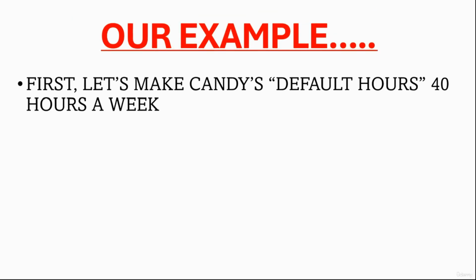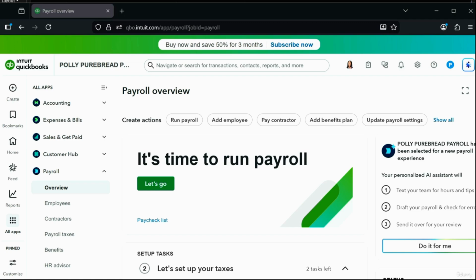Let's first make Candy's default hours 40 hours a week and confirm that would be what would come up by default if we did not make Candy a time slip, and we will see that before we even make one time slip for Candy.